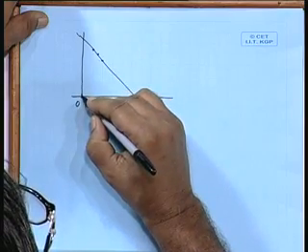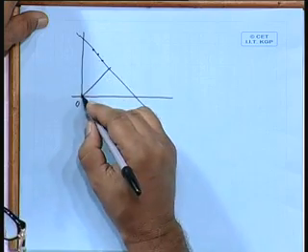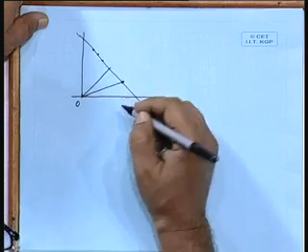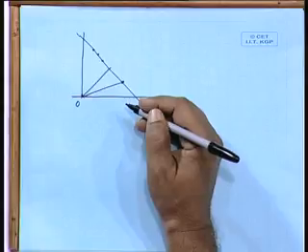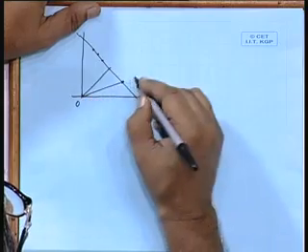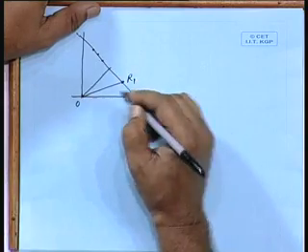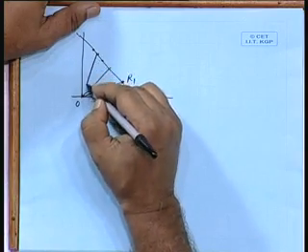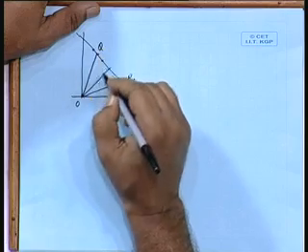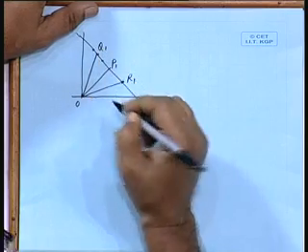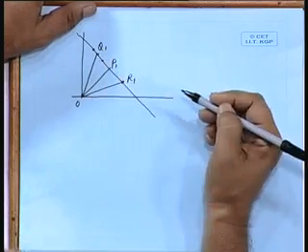So, can you tell me what will be the inverse of this? Suppose we have O, R1, Q1, P1. I have taken 3 arbitrary points.